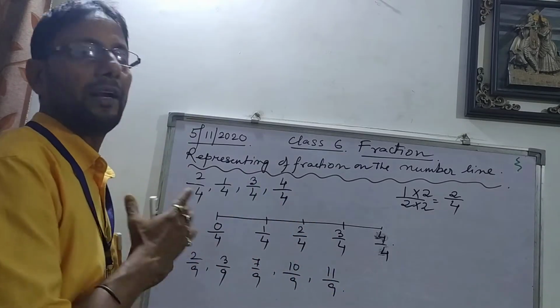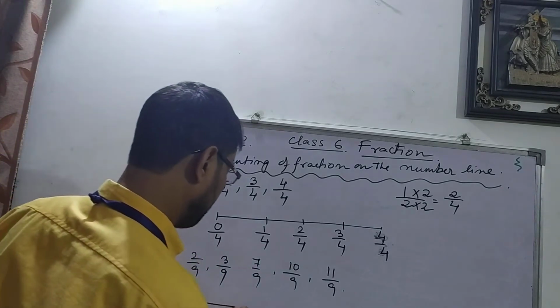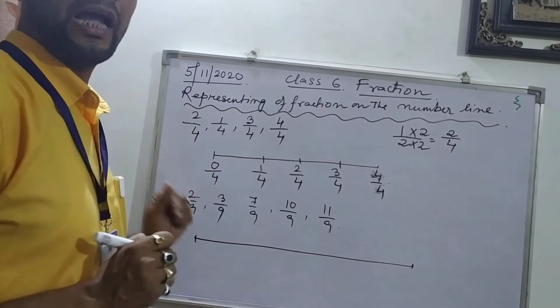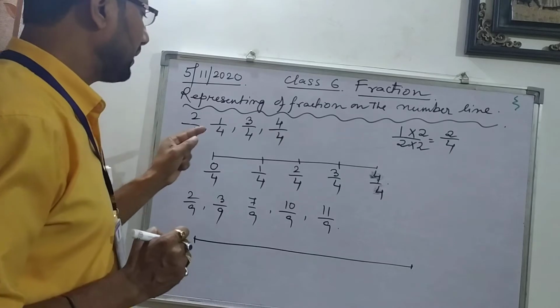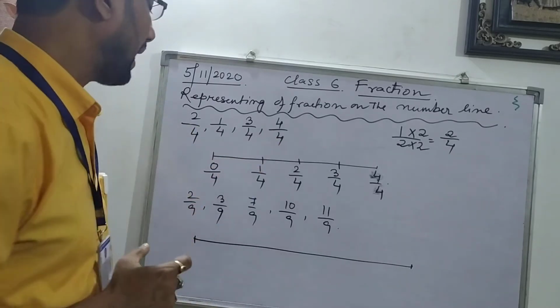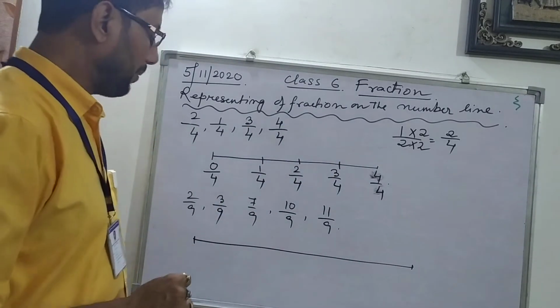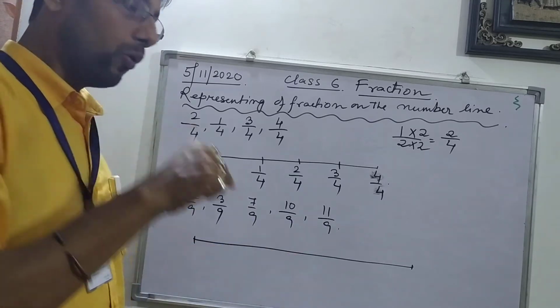Similarly, I will draw a number line now. This is the number line. Now students, see, earlier the denominator was 4, that's why I divided this line in 4 equal parts. But here the denominator is 9. So what will I do?